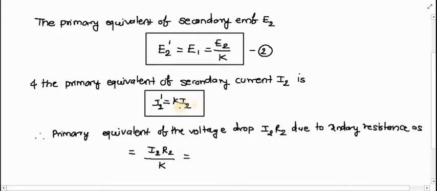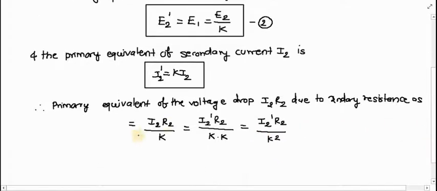My I2 from this equation is I2 dash by K. So I will write this as I2 dash into R2 divided by K into K, or simply I can write it as I2 dash into R2 by K square.